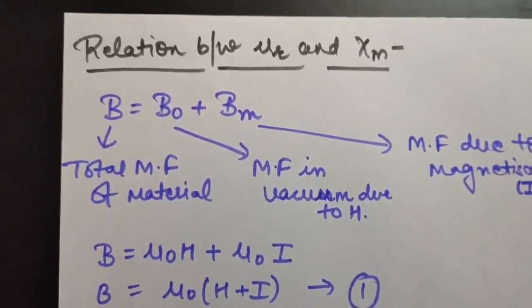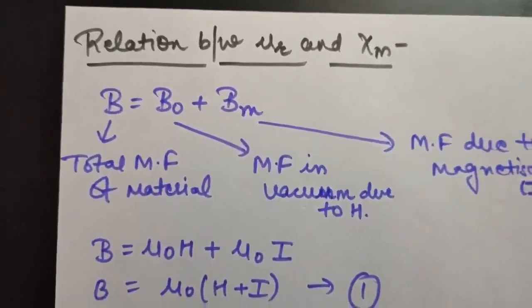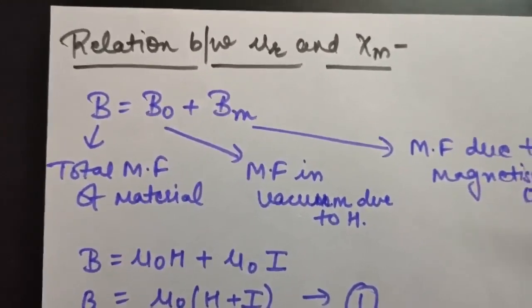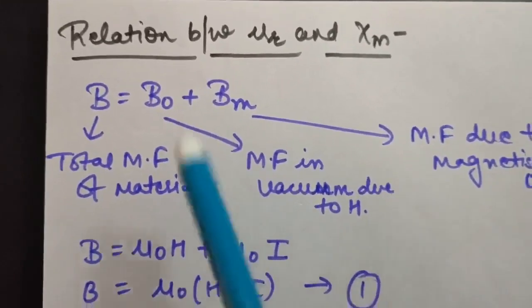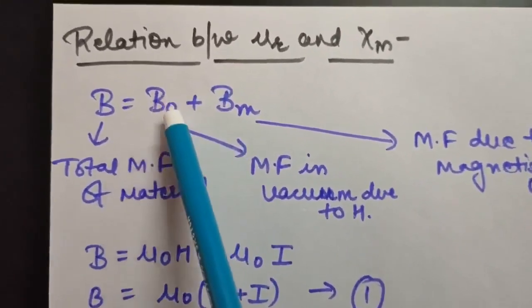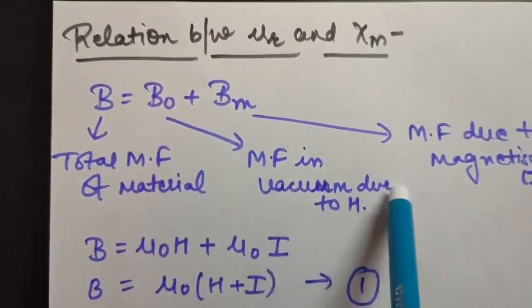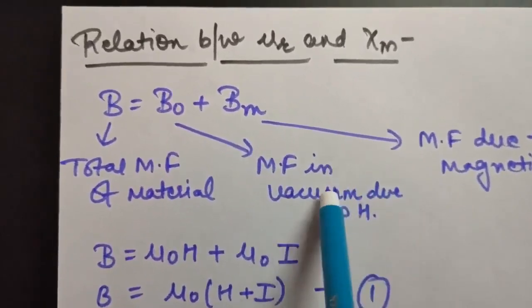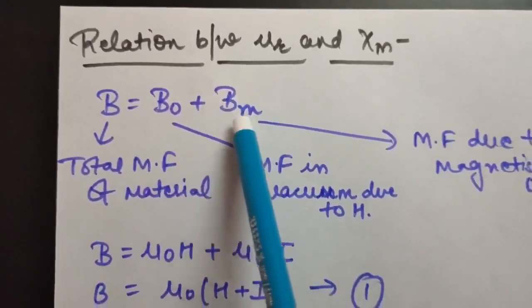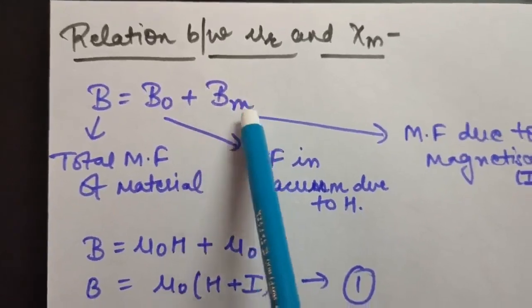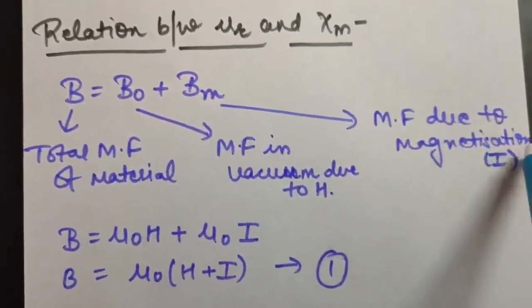So if you have a material and you want to calculate its total magnetic field, it is equal to the magnetic field in vacuum due to the magnetizing force, which was its own, plus the field due to magnetization, that is Bm.